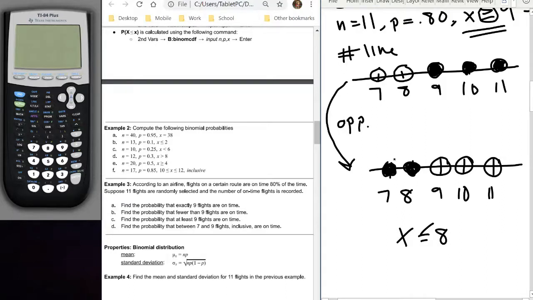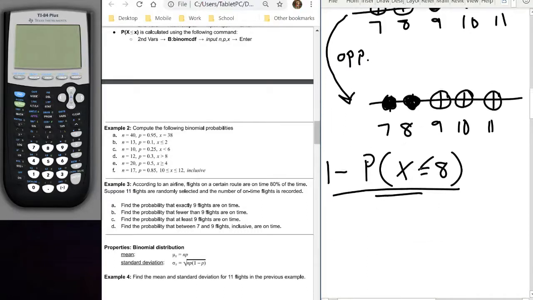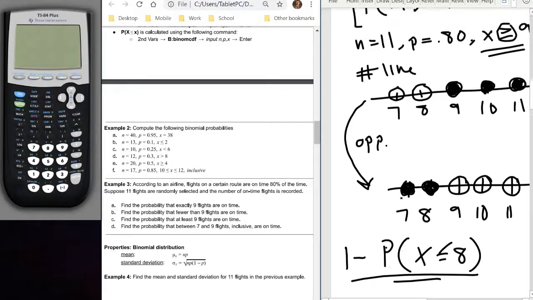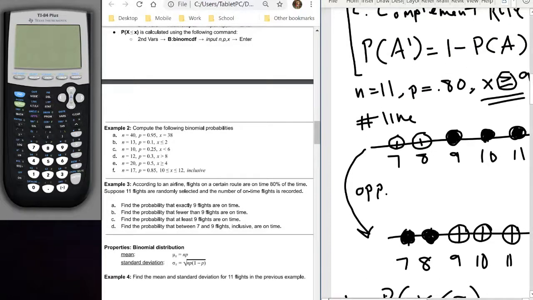So by complement rule, we need to find the probability by doing 1 minus. So the probability that x is at least 9 flights, so this was the original statement right here.